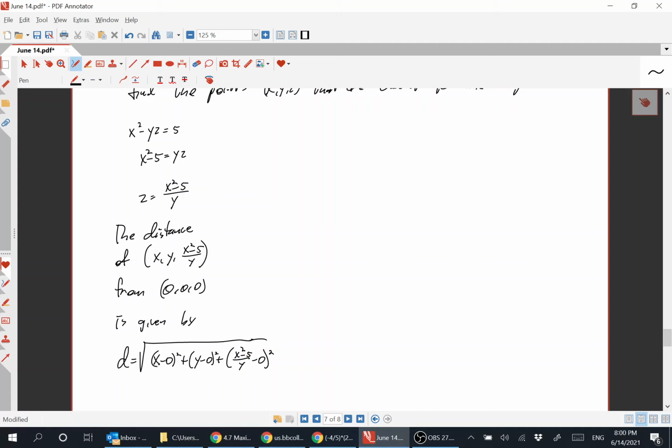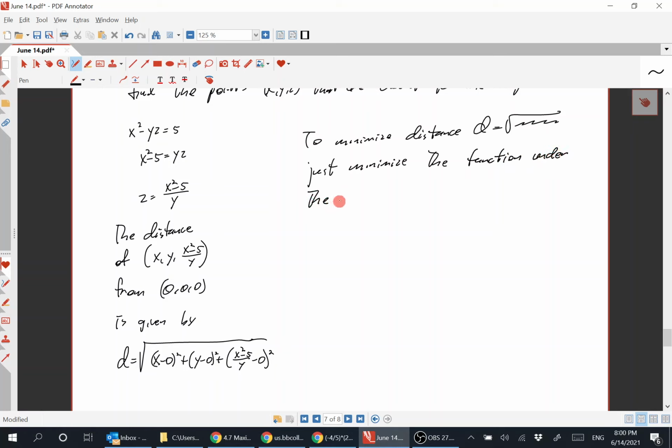To minimize the distance d, since the distance is a square root, we just minimize the thing on the inside, the function under the square root.